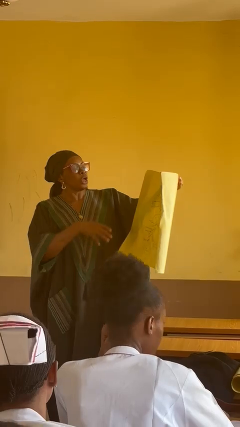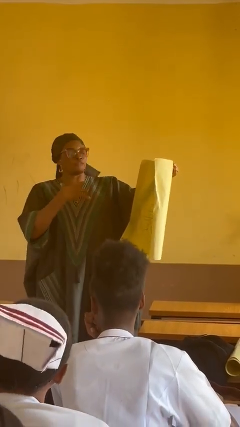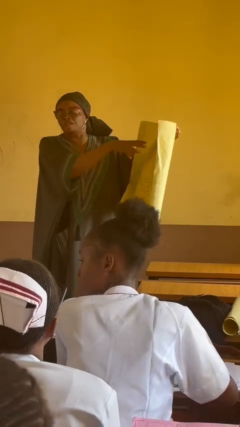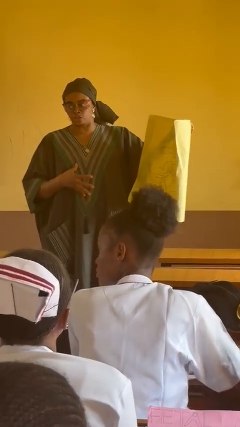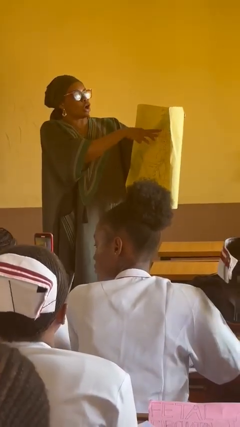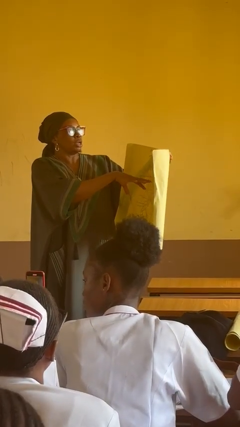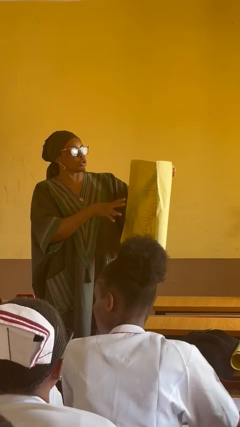Now, blood from the upper part of the body will pass through the superior vena cava into the right atrium. Due to contraction and pressure, it will come down to the right ventricle.